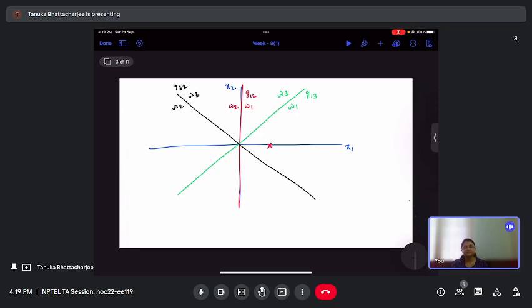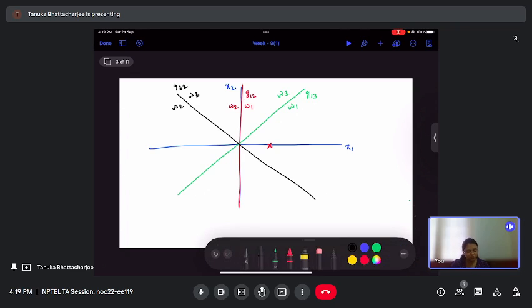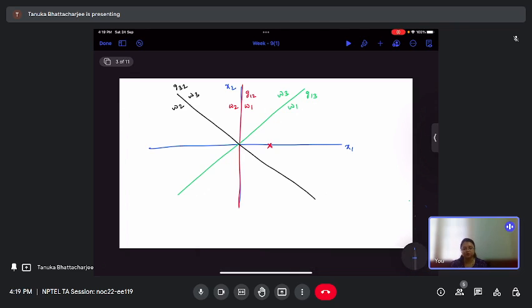Now to finally decide which region belongs to which class, we will have to take the intersection of the regions. According to the G12 boundary, the right side is for class omega 1, and according to G13, the right side is also class omega 1.